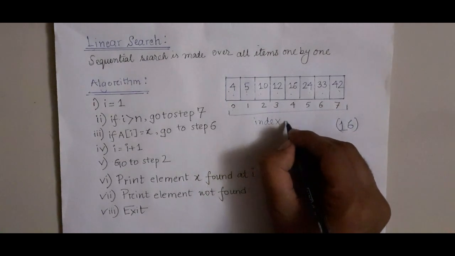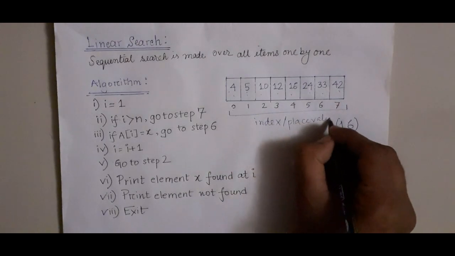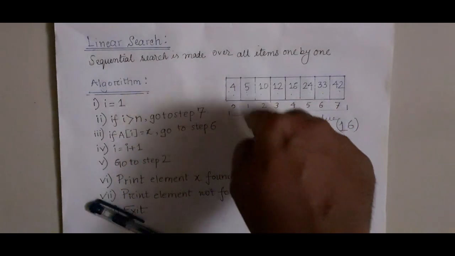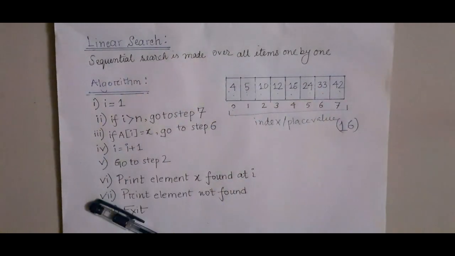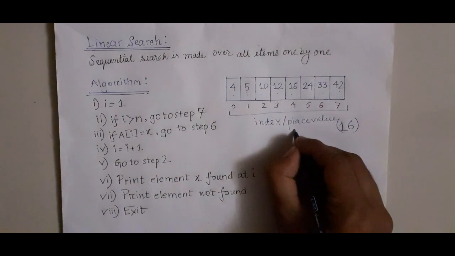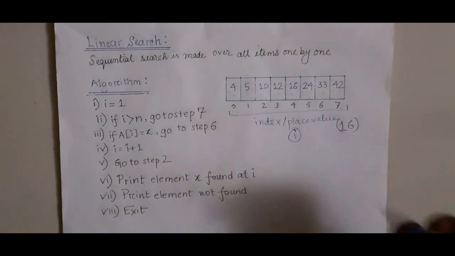Sometimes it is called the place value of an array. These shelves, these different segments, can be called an array, right? And this is usually denoted with I.